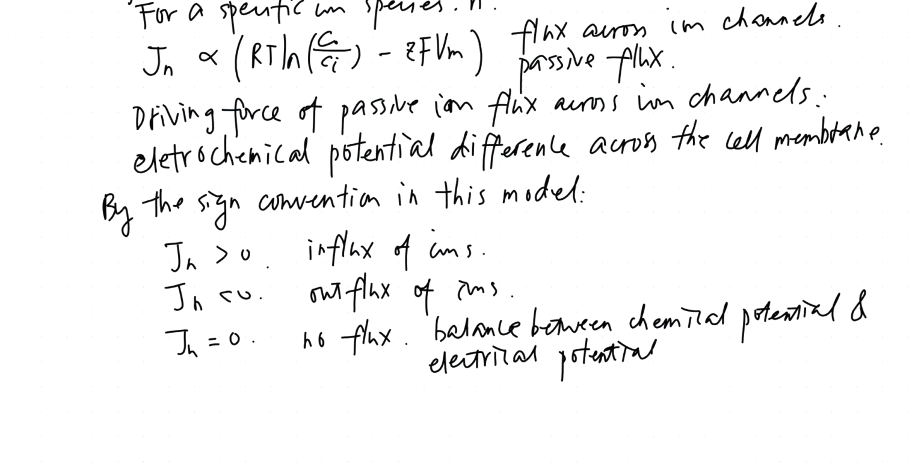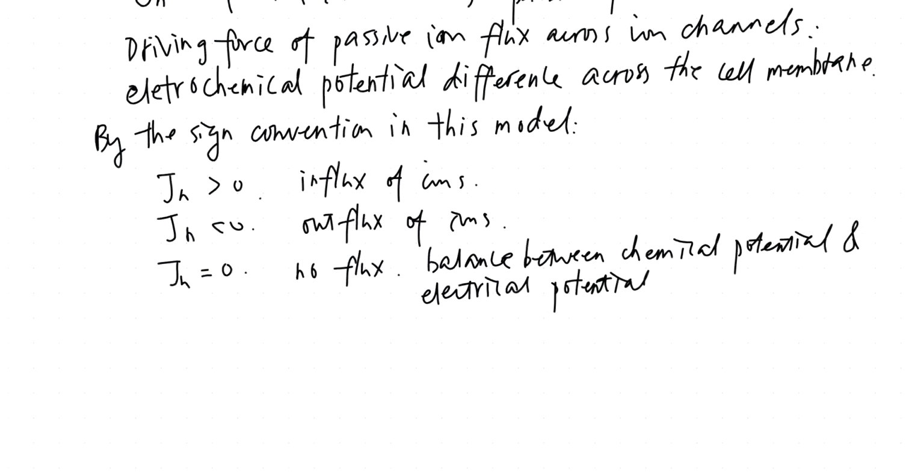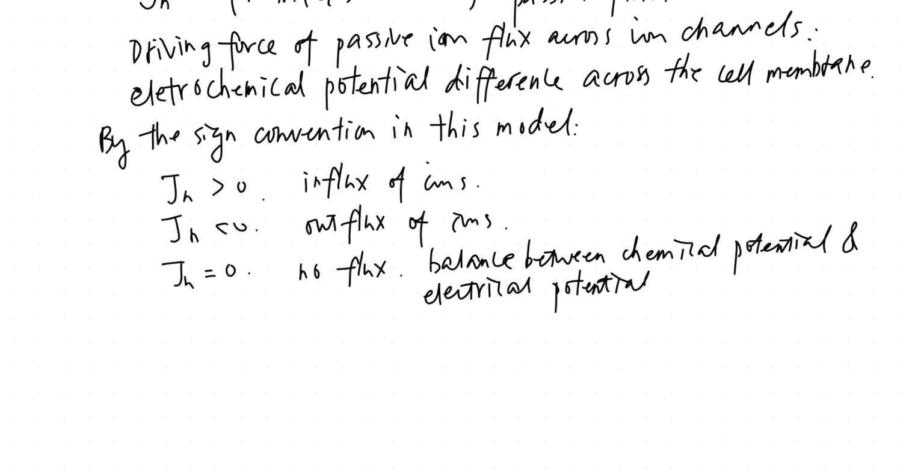Or what does that mean if they are in balance? This leads to the next topic, which is called the Nernst potential. You may have heard about it in other contexts. Nernst potential.